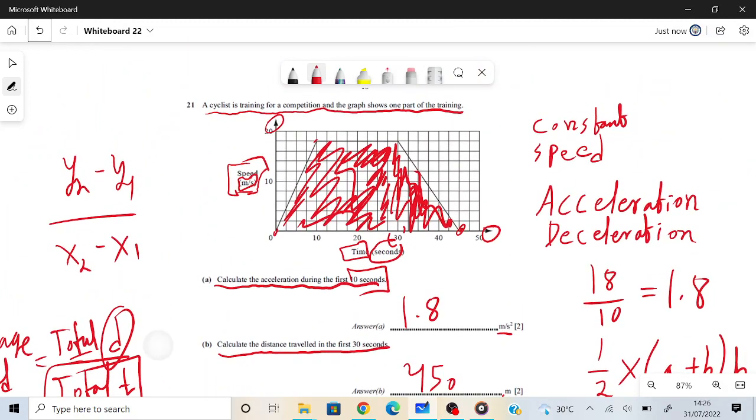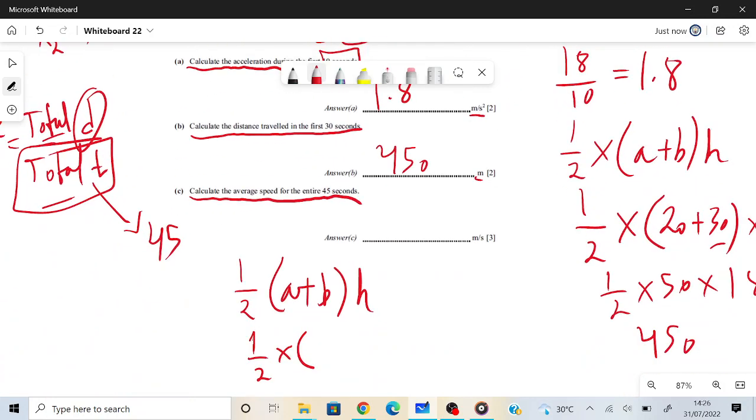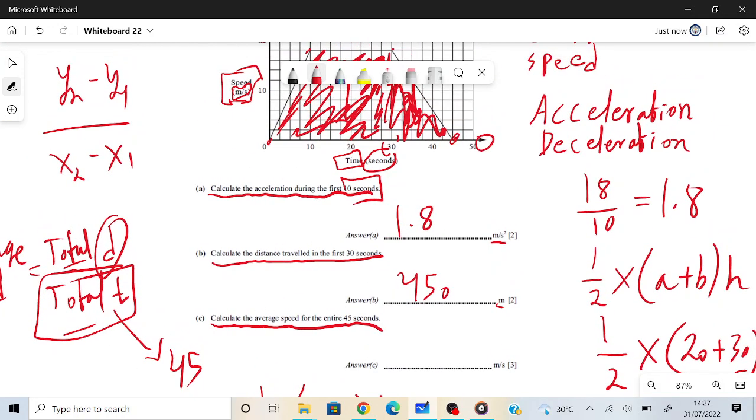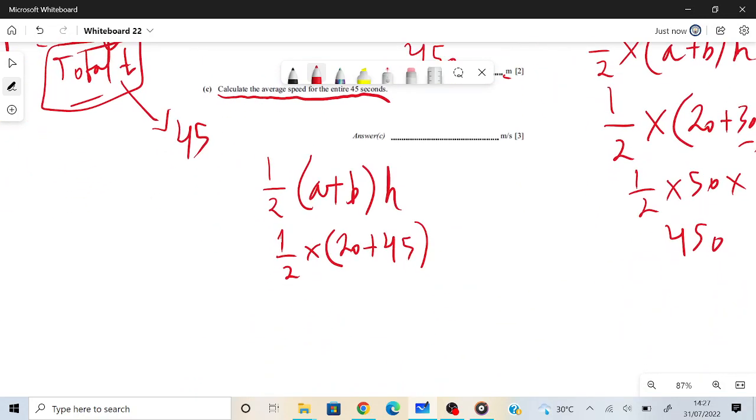Yep, from here to here is 20, so that's 20 plus 45, because that's the bottom, because that's where we ended. 45, yep, 45 here, and we times it by the height, which is 18. This is half times 65 times 18.